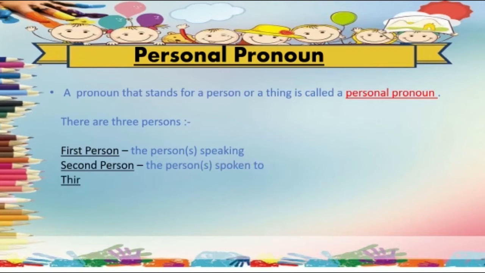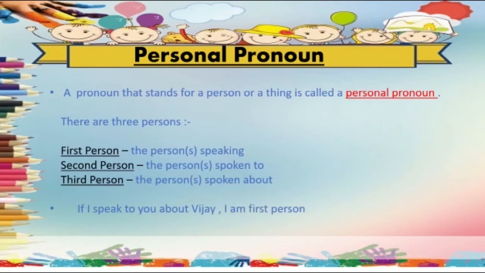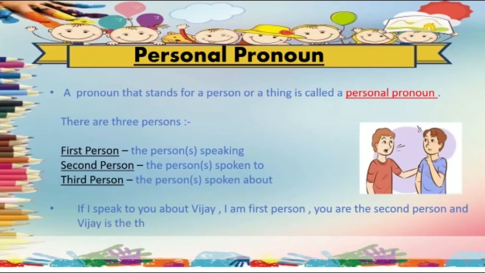Second person, the person or persons spoken to. Third person, the person or persons spoken about. If I speak to you about Vijay, I am first person. You are the second person and Vijay is the third person.